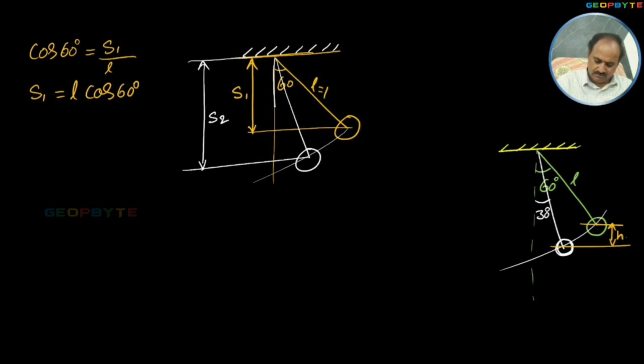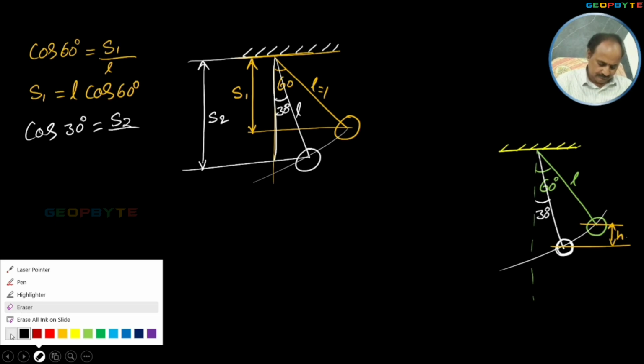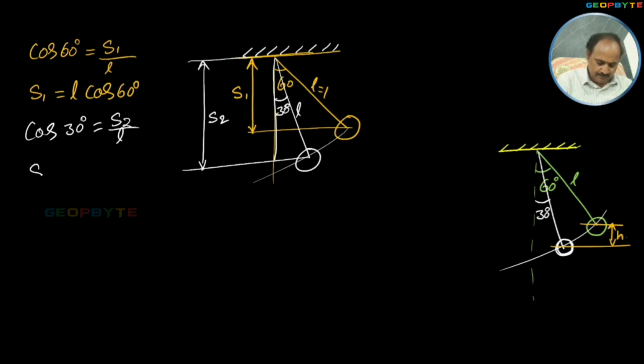How can you decide S2? This angle is 30 degrees. Cos 30 degrees equals S2 by length L. So S2 equals L cos 30 degrees.